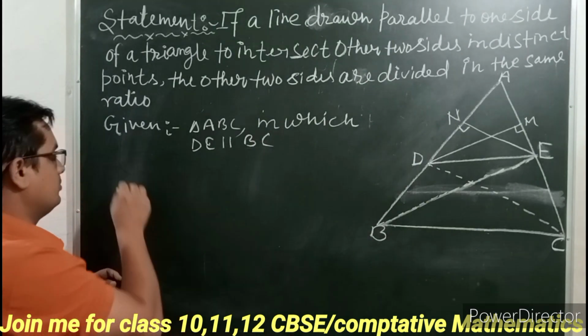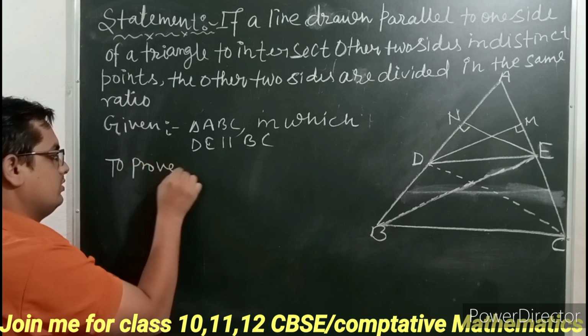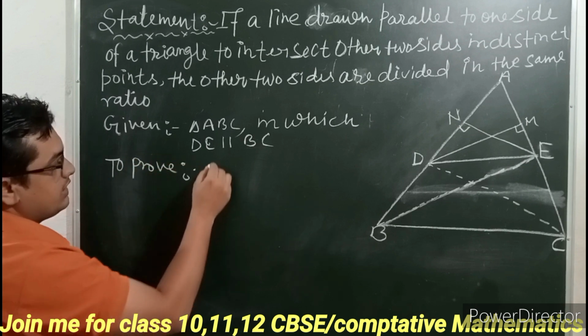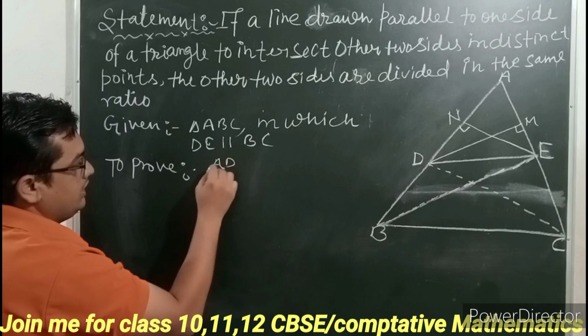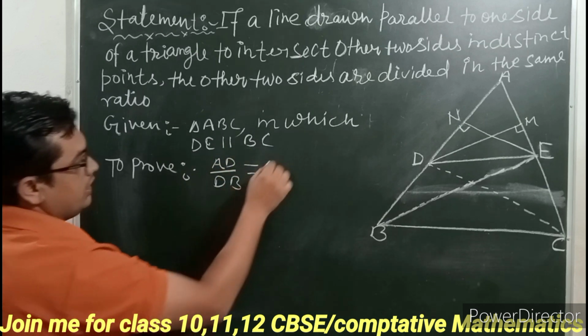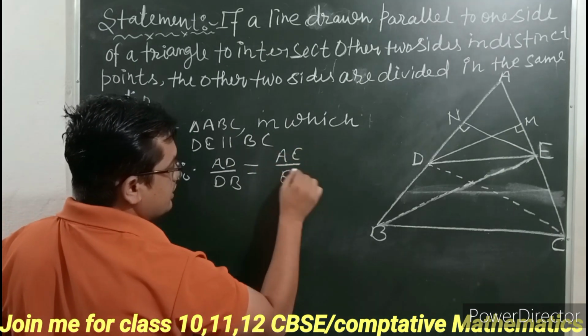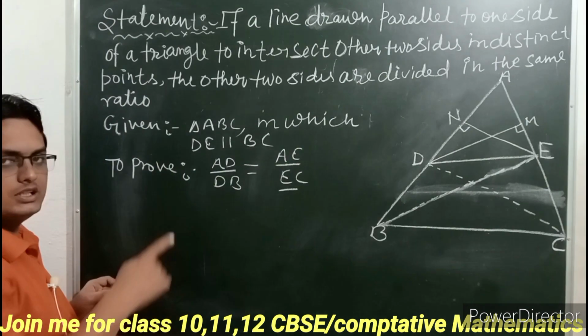What we have to prove? To prove: what is required is that the ratio of AD upon DB equals AE upon EC. We have to prove this in this question.